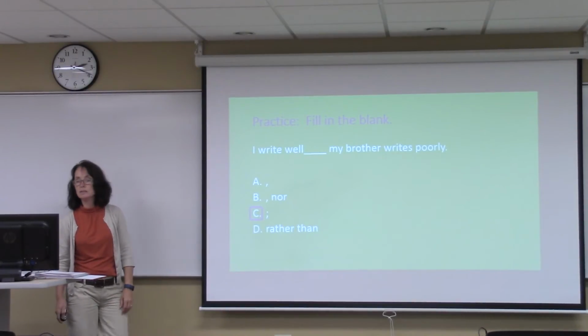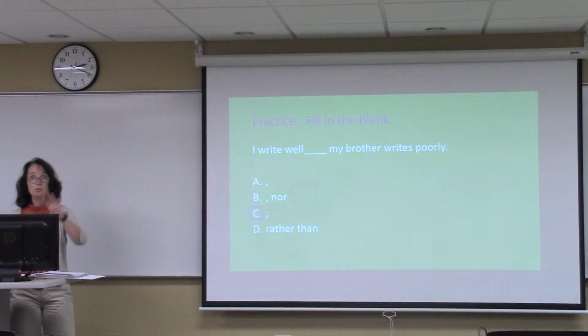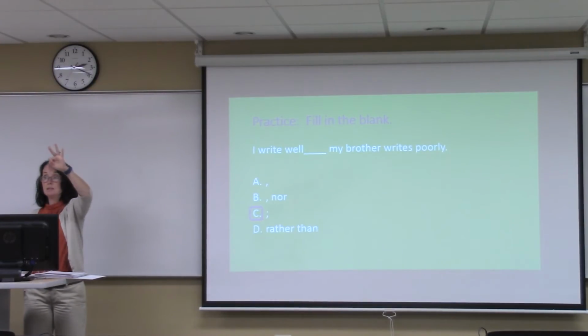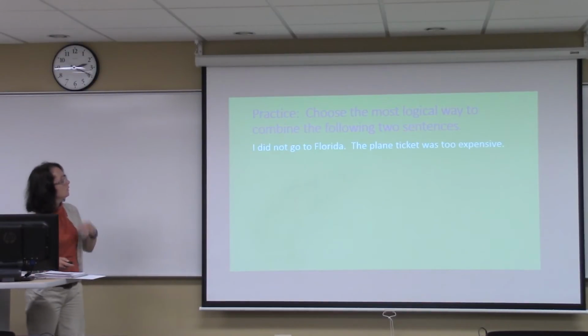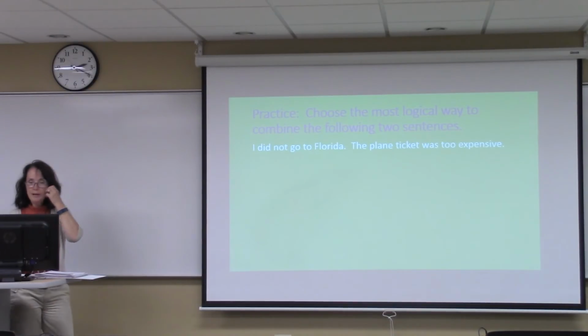So C is the correct answer. Okay, so you know now that there are 3 ways to connect sentences: a semicolon, a comma with a fanboy, and a non-fanboys word without a comma. Got it? Okay, excellent.